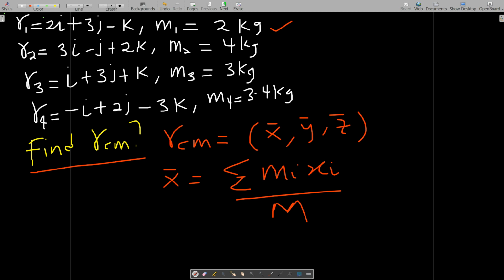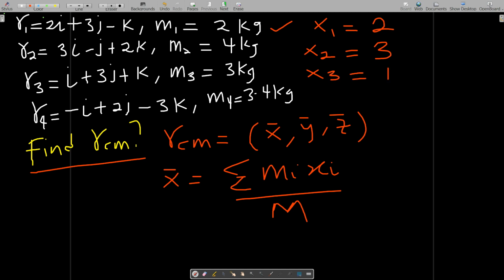So here you go to your R1. In R1, what is our x1? Our x1 is the component of the i, and that is 2. Our x2 is 3. Our x3 is 1.